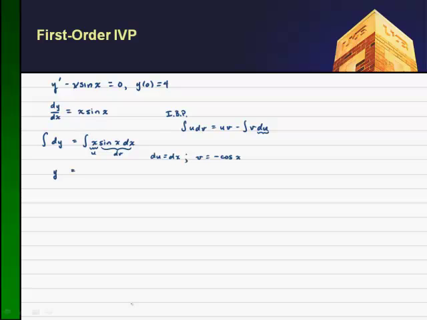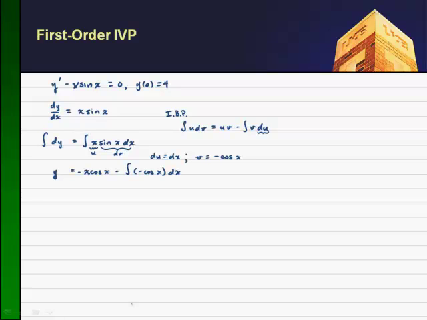So I'll get x times minus cosine x, minus the integral of v du. So I get a minus cosine of x, and du is just dx. You can see that I didn't introduce any added complexity when I did the du.